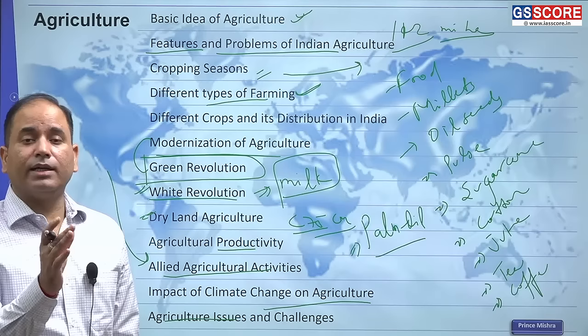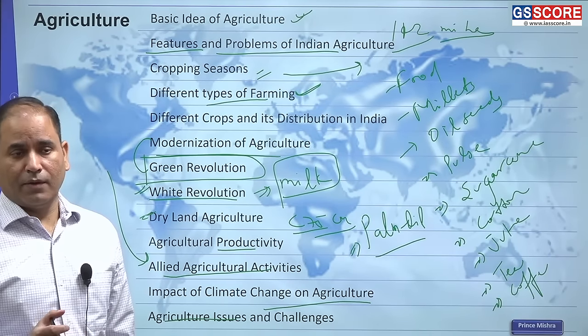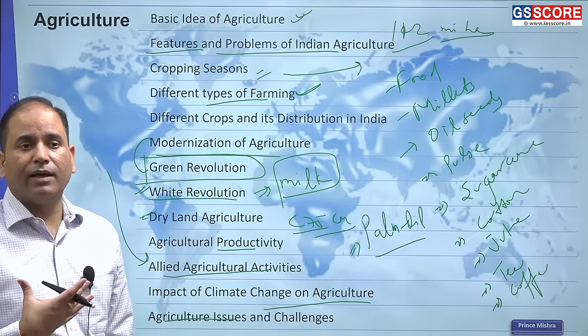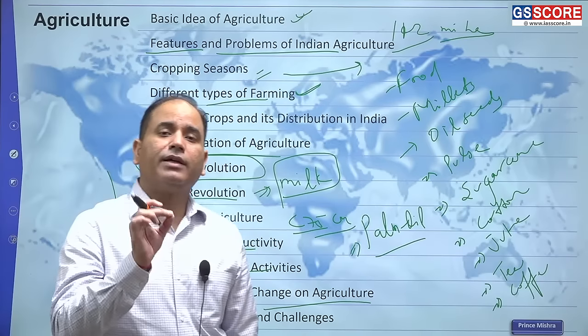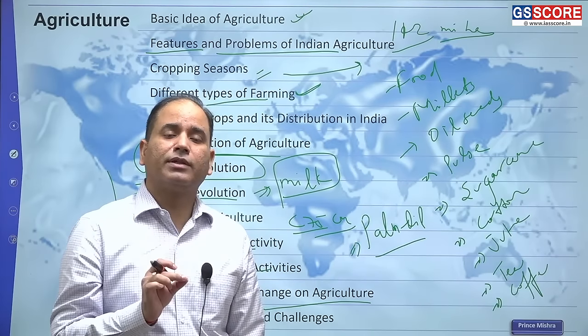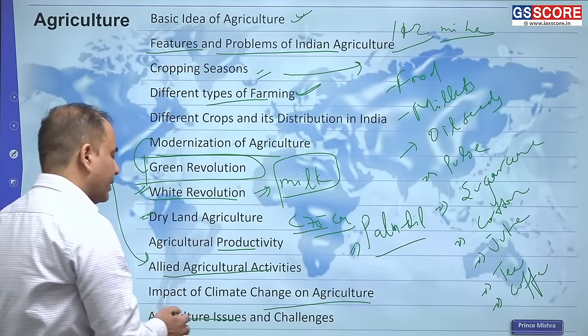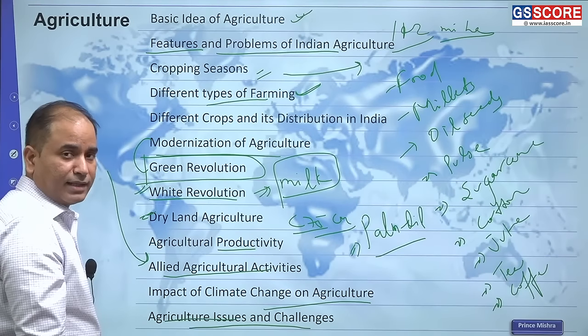Whether their demand is associated with some faulty agricultural practices. If India has done very well in agriculture, specifically in the areas where the green revolution was launched, then why are the farmers protesting? All these topics you will study under agricultural issues and challenges.